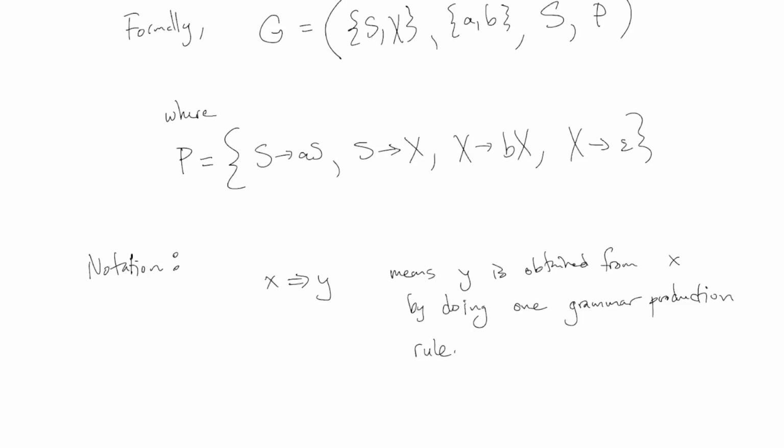That's what I mean when I write that arrow. It means you can start with X and do some kind of substitution inside of X to end up with Y by doing one of these grammar steps.